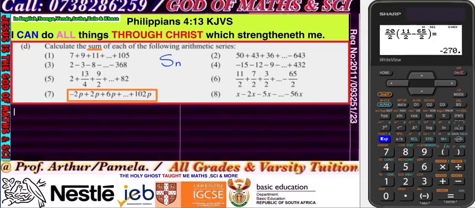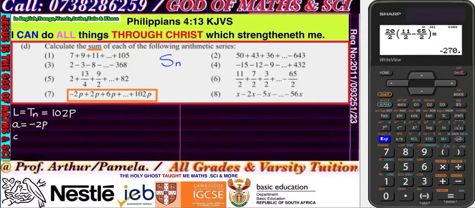So the last term, L or T subscript N, is given by 102. 102 is going to multiply the P, all right? 102 times the P. And then we need A, the first term, which is negative 2P. Very clear to you there.